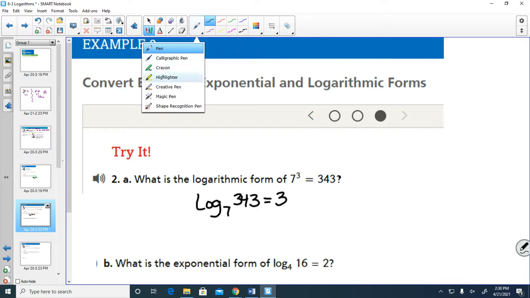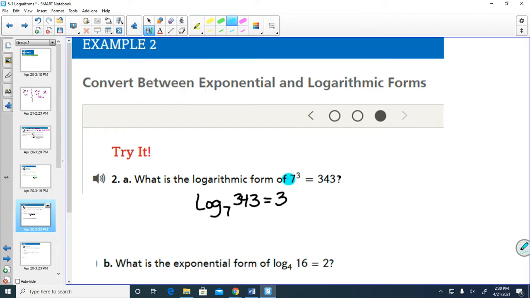So once again, I'll grab my highlighter. 7 is the base, so it's the base on the logarithm. 343 is the result, so that goes right there. And then the exponent 3 is what we set the log expression equal to.